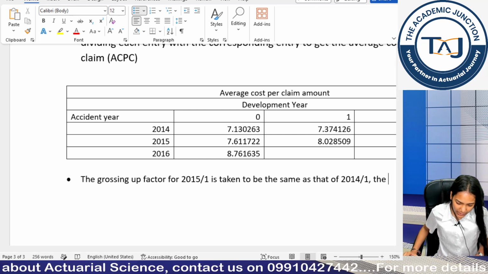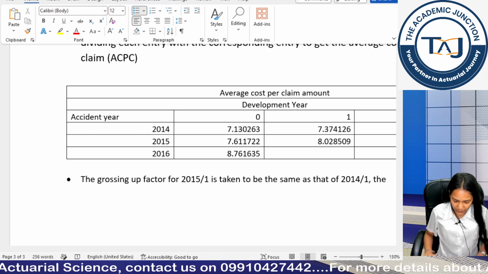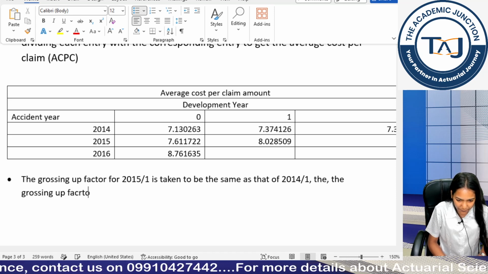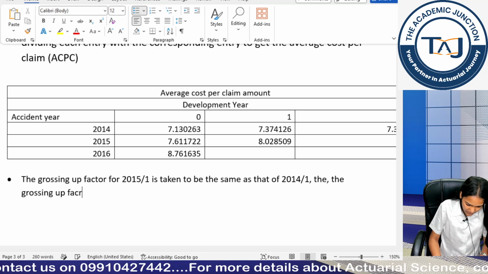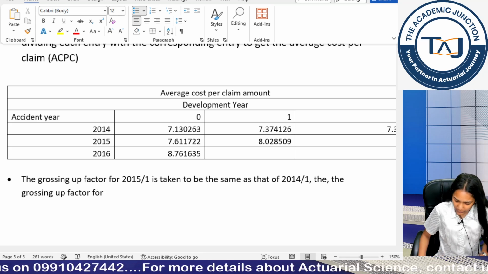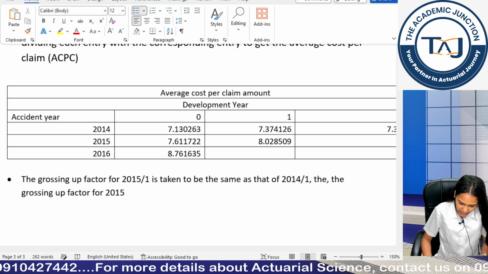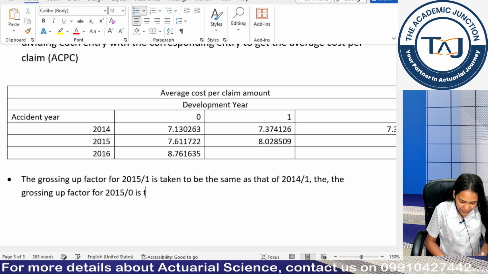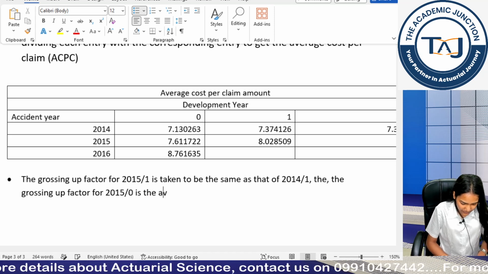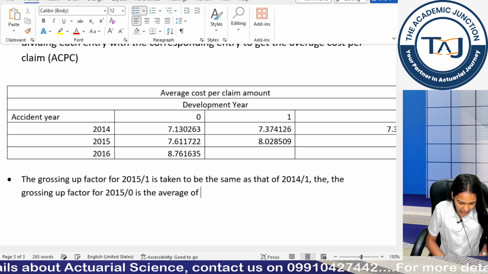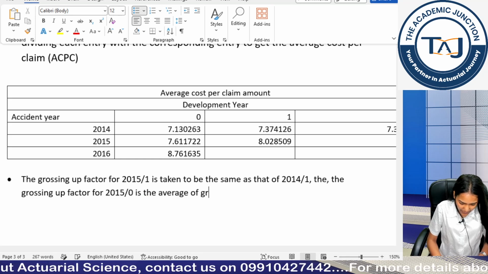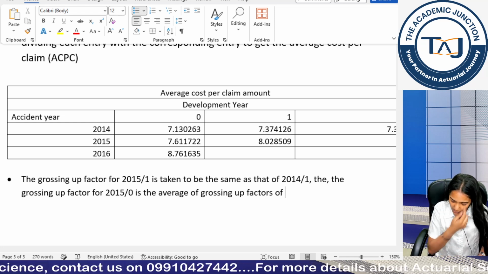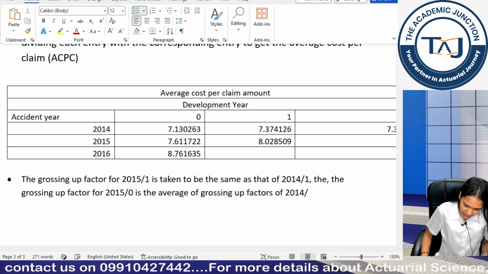So grossing taken the same grossing factors at 1, and I would now be talking about the next step, grossing factors. So the grossing up factor for 2015 0 is basically the average of grossing up factors of 2014.